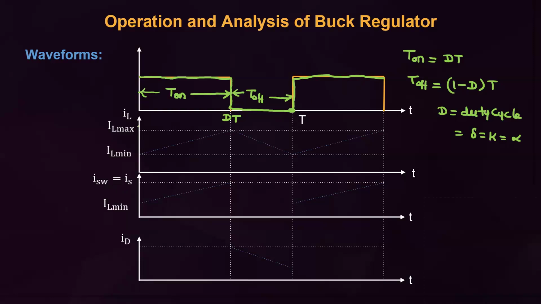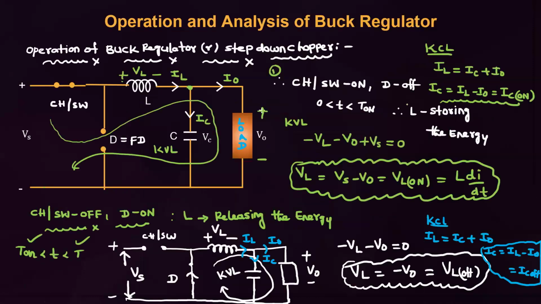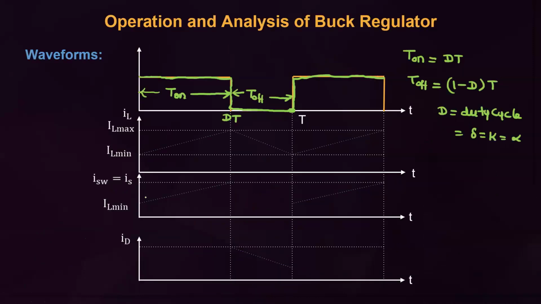Now, listen. During chopper on, the inductor is storing the energy. Here L is releasing the energy. Let's assume it is continuous mode. In continuous mode, there is already a minimum current. I told you so many times in the rectifiers: wherever we are doing continuous mode, let's assume it is not starting; after some operations we are drawing the waveforms, which means there is already a minimum current in the inductor.